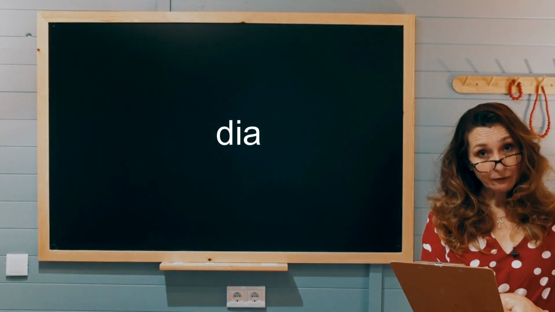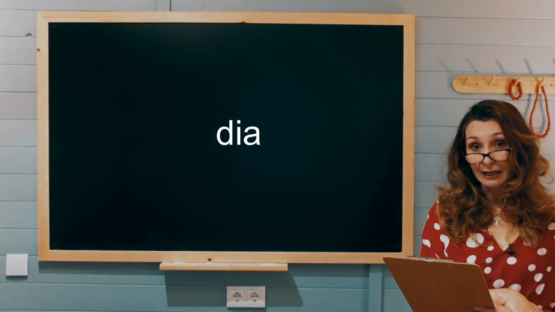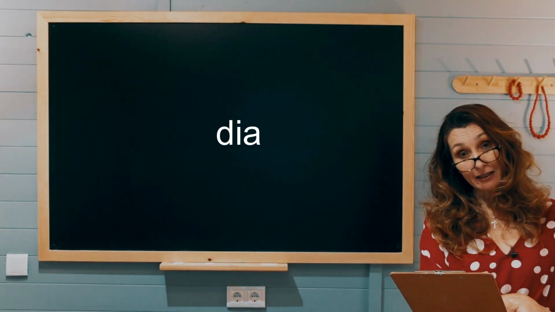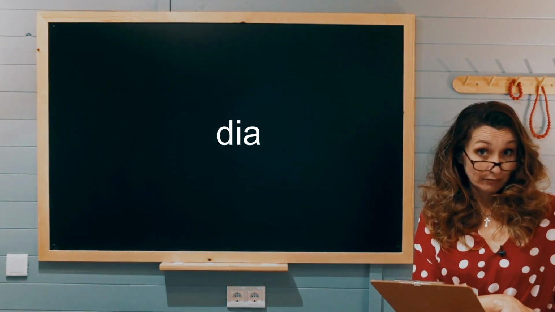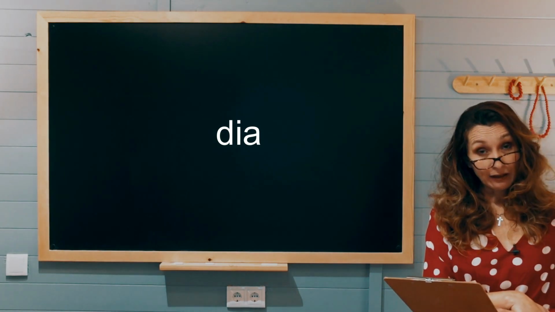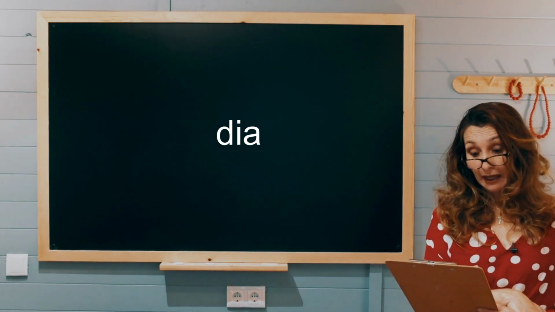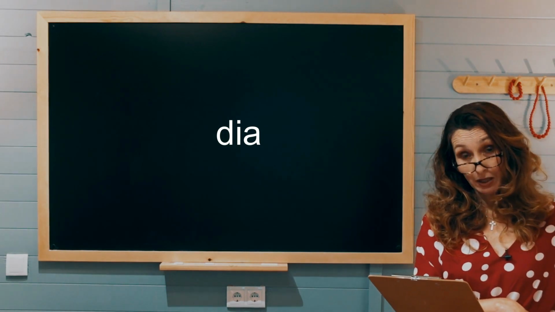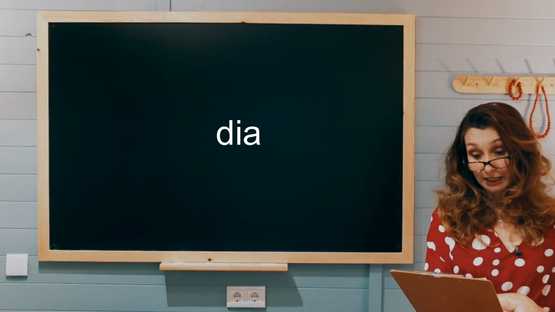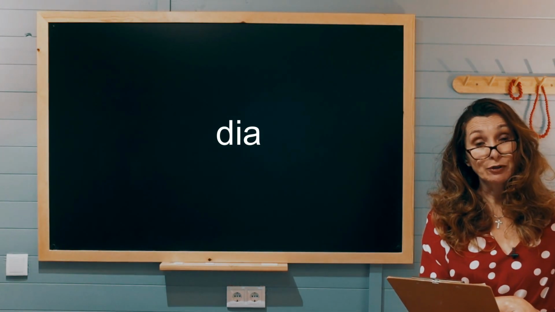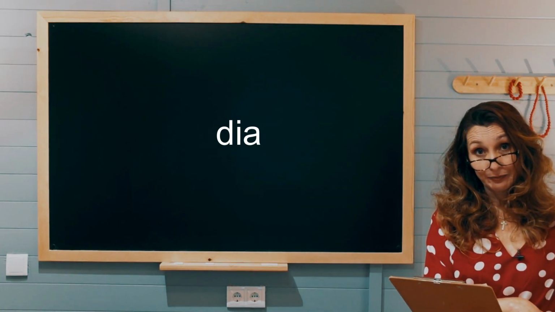Because this is a diphthong, we have a weak I and a strong A, so a weak and a strong vowel. We would expect them to be together in the same syllable and the strong vowel to be the accentuated one. So we would normally expect this word to be pronounced dia.